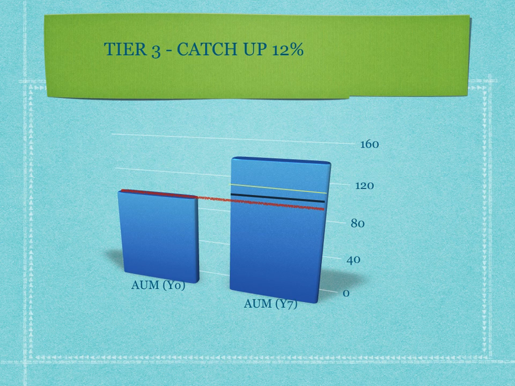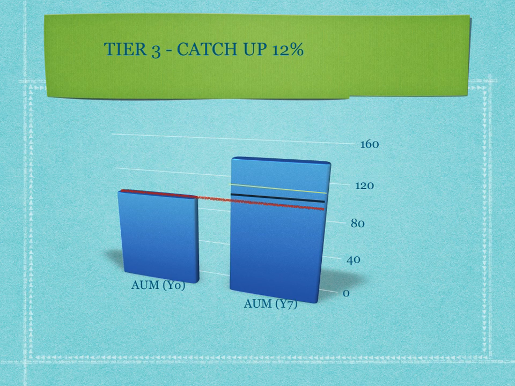This catch up is basically the amount over and above the hurdle. So if the catch up is 12% and the hurdle is 7%, then whatever is the excess above 7% of the hurdle, up to 12%, is the entitlement of the GP. So that's marked in the yellow line.